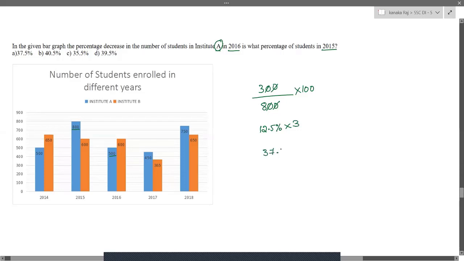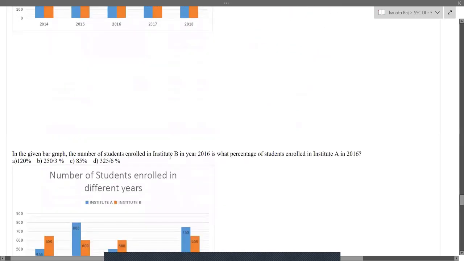It is nothing but 37.5%. So how did I write this 12.5% directly? You need to know the relationship between fraction and percentage. If you haven't understood this step, go watch our percentages basic video. So you'll understand how to write the relation between fractions and percentages.